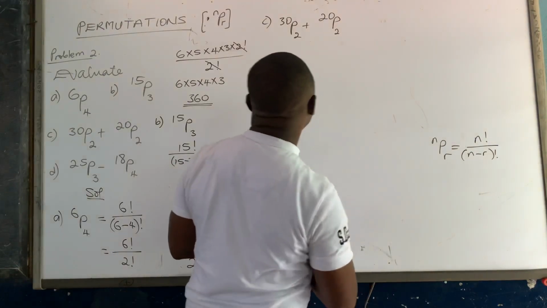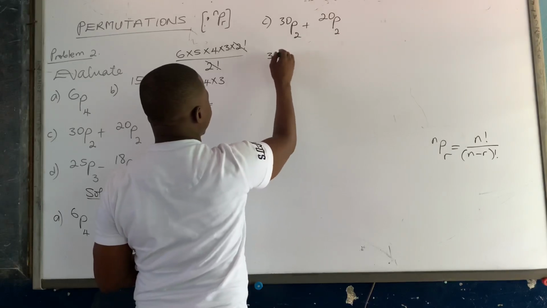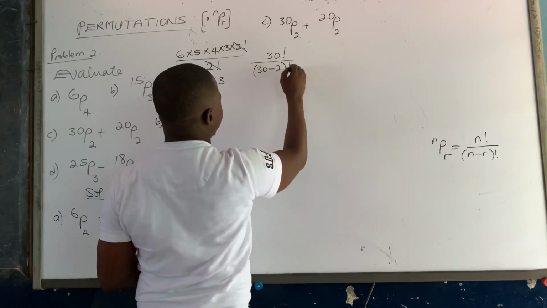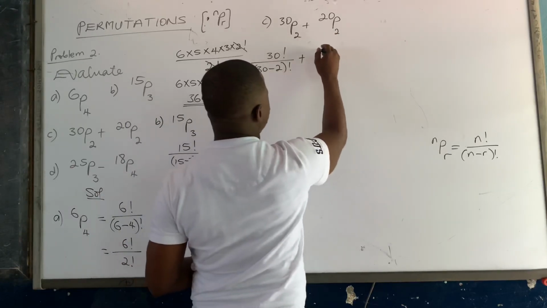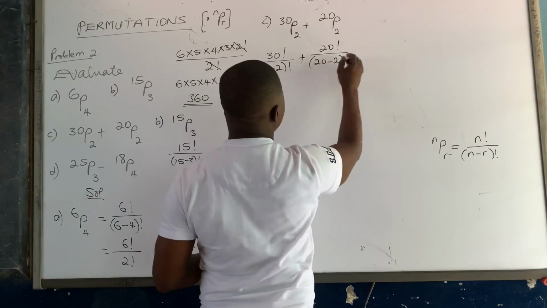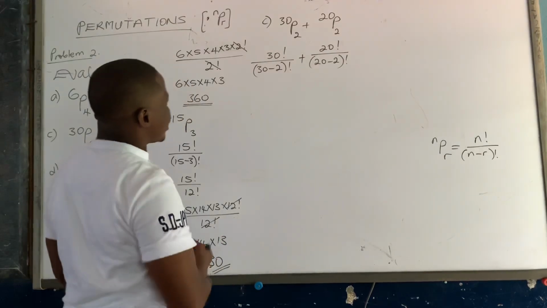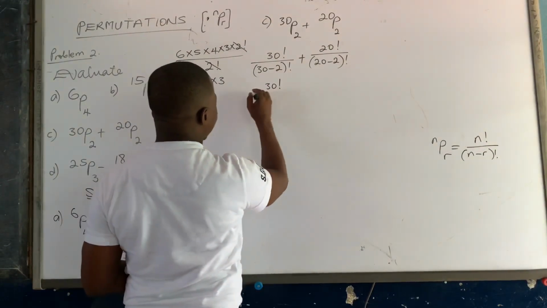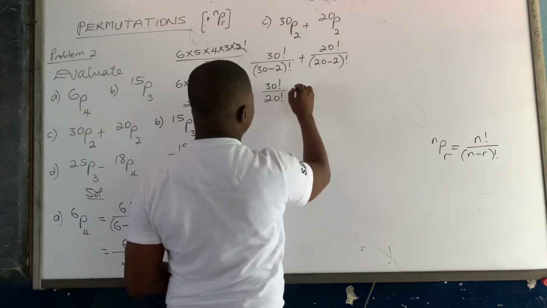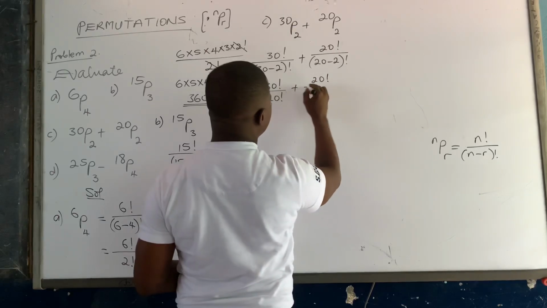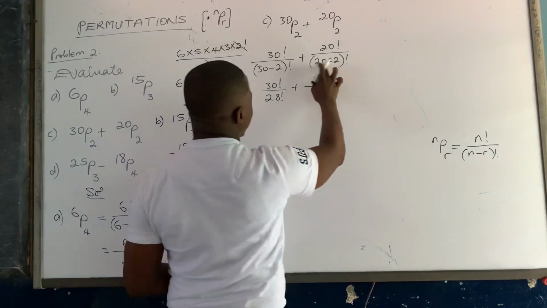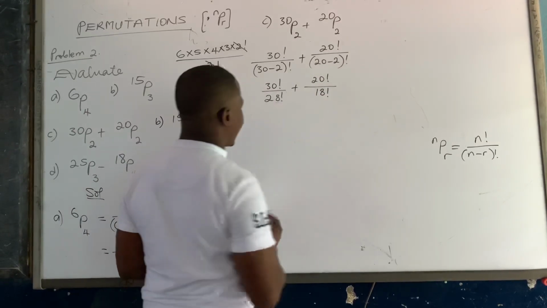So we say 30 factorial divided by 30 minus 2 factorial, plus 20 factorial divided by 20 minus 2 factorial. So in that case, 30 minus 2 is 28 factorial, plus 20 factorial, 20 minus 2 is 18 factorial.